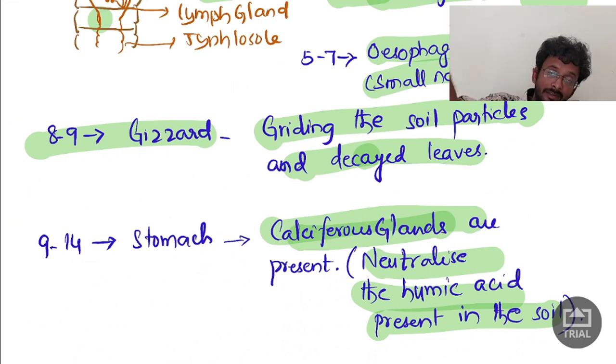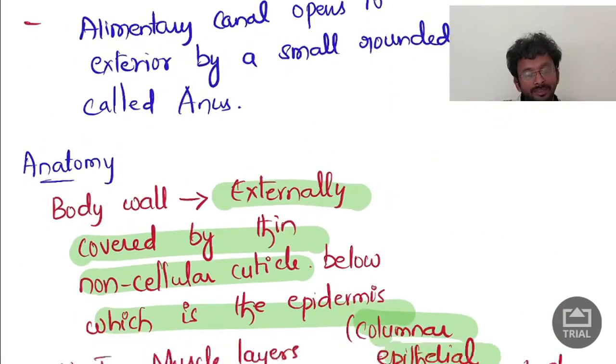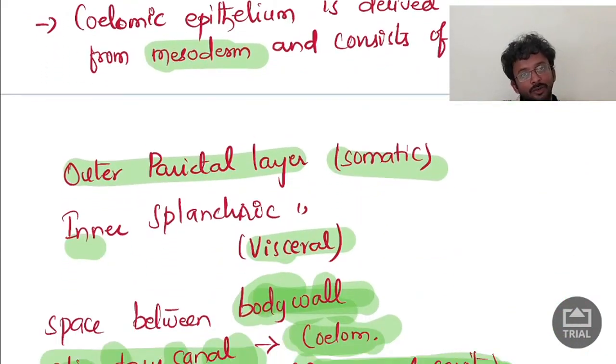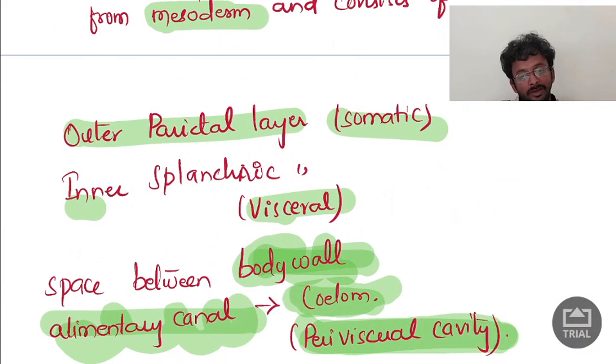From 15th to the last segment, it is intestine. At the 26th segment, a pair of median folds called typhlosole arises from the 23rd to 28th segment, which increases the area of absorption. With this, the digestive system of earthworm is completed and the anatomy of earthworm is completed.